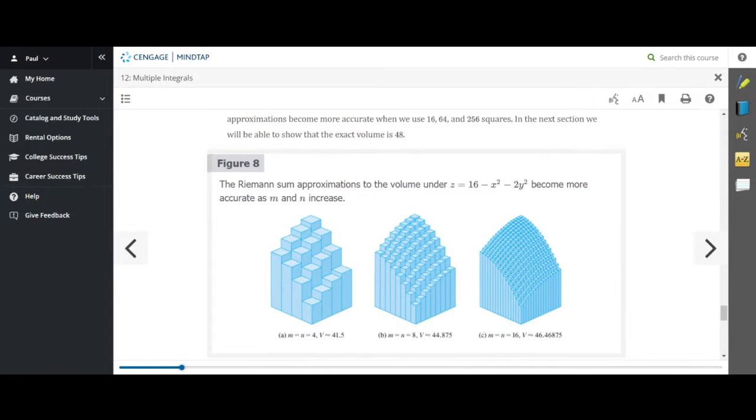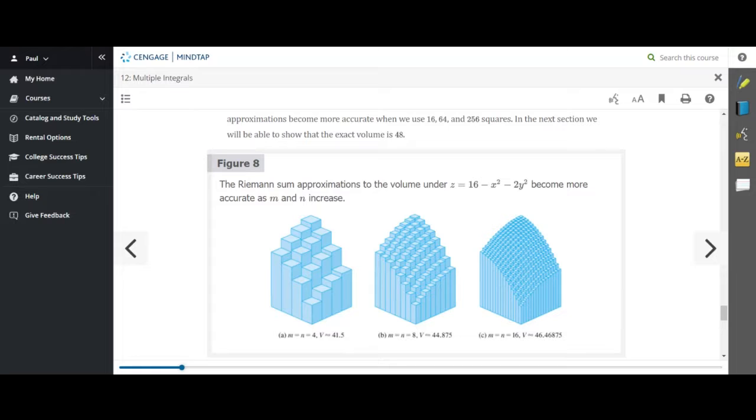Okay, 16. What about B? Okay, 64, because N equals 8. That means 8 times 8 is 64. And finally, for C, you have how many subrectangles? 16 squared. Good. And so you can see the volume just gets better and better.